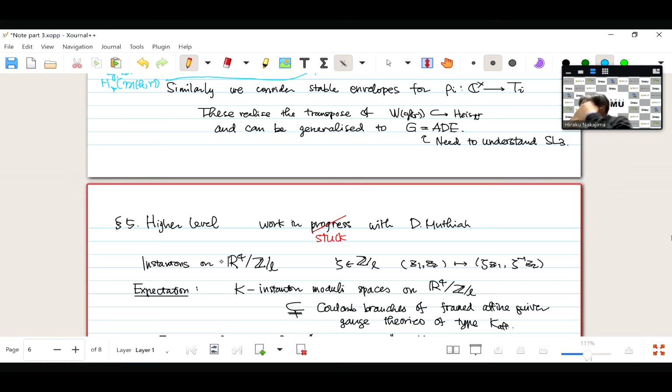We want to consider more general instantons on this quotient orbifold space. So instead of R4, we consider the quotient by this cyclic group, where zeta is a primitive L-th root of unity and acts in this way. So this is the type A, L minus 1 singularity.